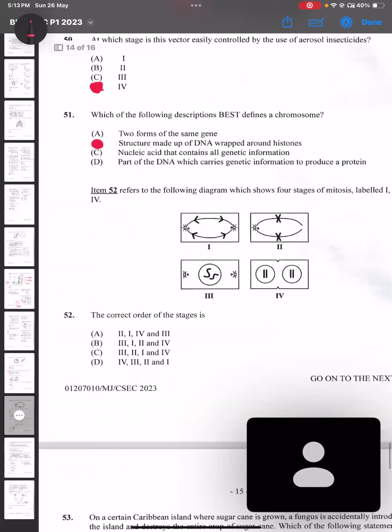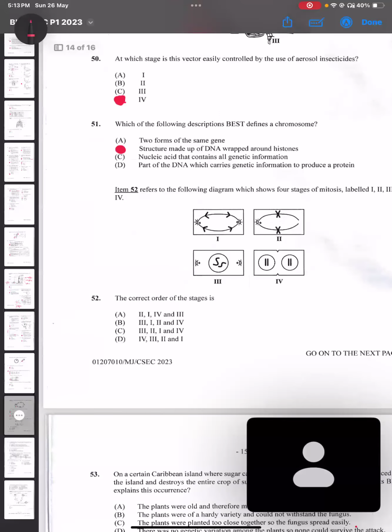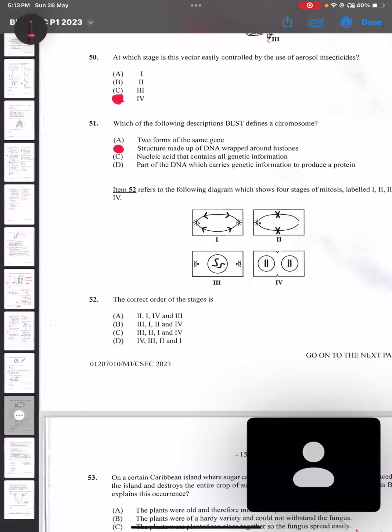And then for 52, we're looking at the diagram of mitosis, and they're supposed to state the correct order in which the stages occur. So C, you have the parent cell, then this starts happening. This would be last, where you have the 2 daughter cells beginning to separate from each other.